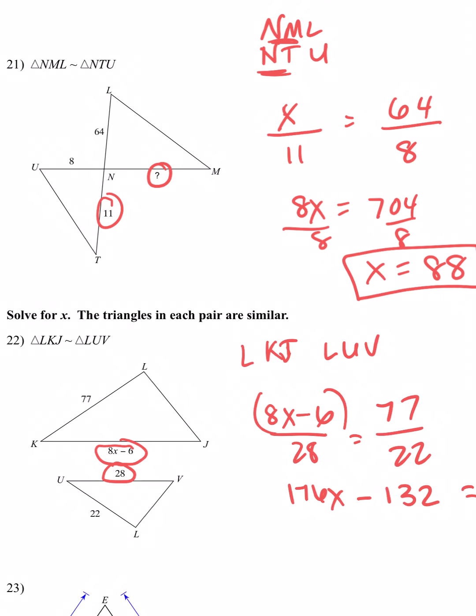So here we're going to add the 132 to both sides, and we get that 176x equals 2288. And when we divide by 176, we get 13. X equals 13. So it's real important to put who goes with each other with the right one. If you don't do that, you're going to get the wrong answer.